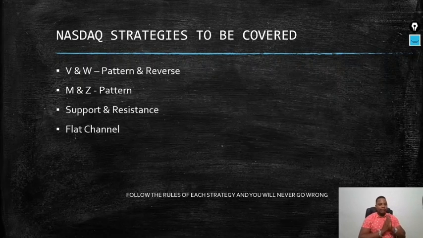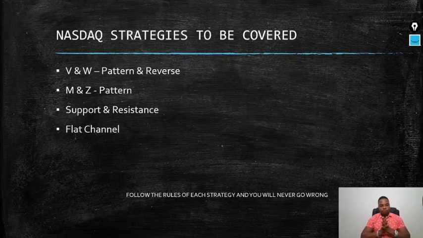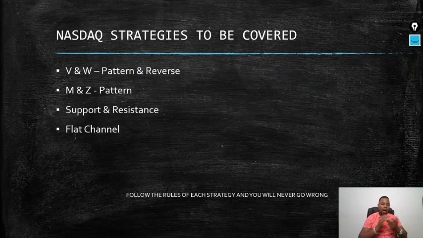The third one is your support and resistance, the so-called floor and the roof strategy, the R and S, as well as what happens when you are in a flat channel. Most of the time you're going to be experiencing what you call an Elliott wave. These are the 4 strategies that you're going to be having, which your mentors are going to be explaining to you as to how it goes.